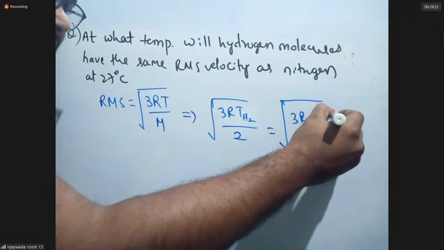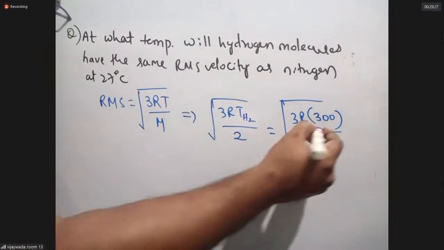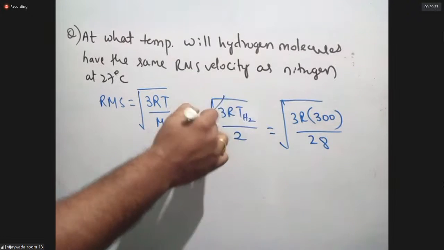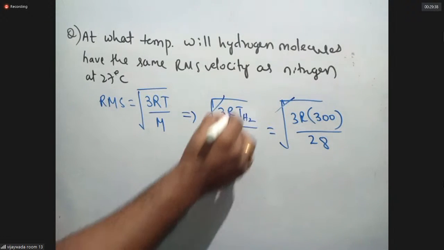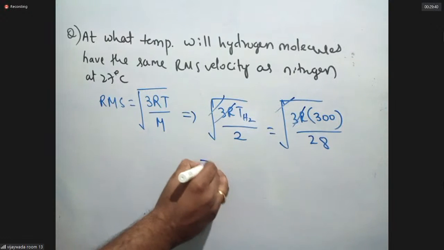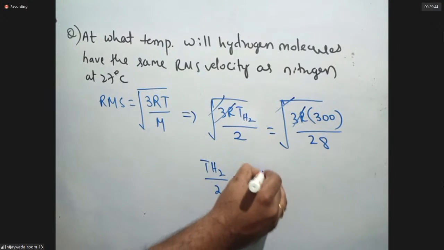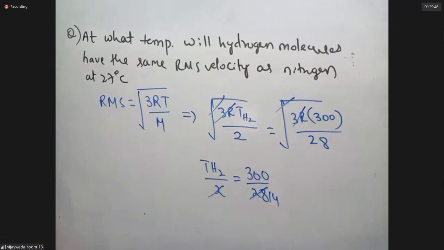So 300 Kelvin. Always you have to take Kelvin only, by 28, because the nitrogen molecular mass is 28. The roots cancel, then 3R cancels. Finally, temperature of hydrogen by 2 equals 300 by 28. 14 times cancel.